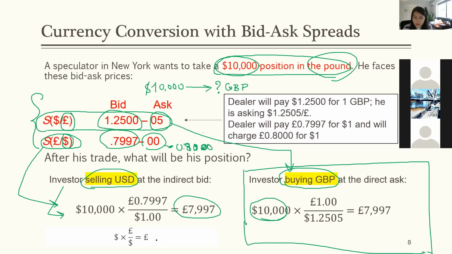One easy way to remember which exchange rate to use to convert from one currency to the other is to use this equation here. It tells me that if I start with the dollars and want to end up with the pound, then I need to multiply the dollar amount I have by the pound divided by dollar exchange rate.